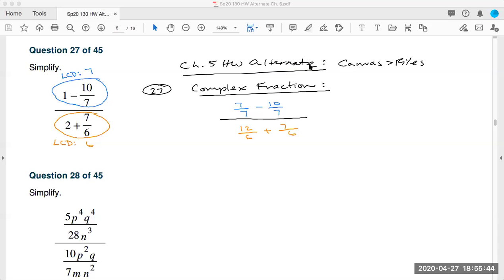So then in the next step, notice in blue, we can actually combine these fractions, right? That's going to be 7 minus 10 divided by 7. And in the denominator, we're going to have 12 plus 7 divided by 6. Okay.